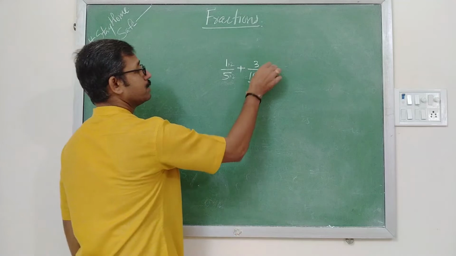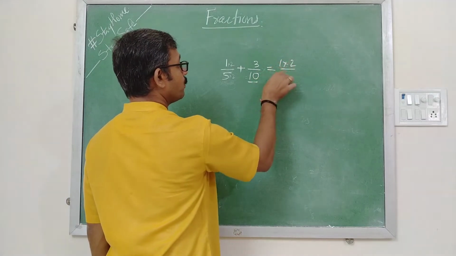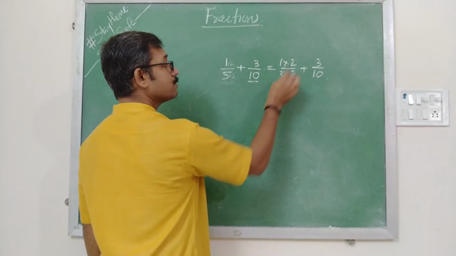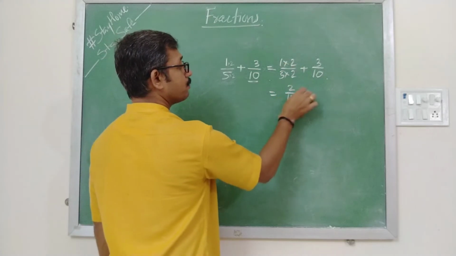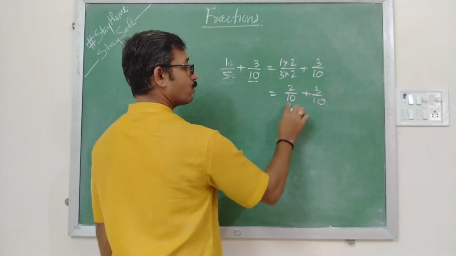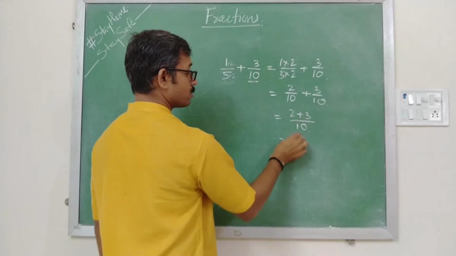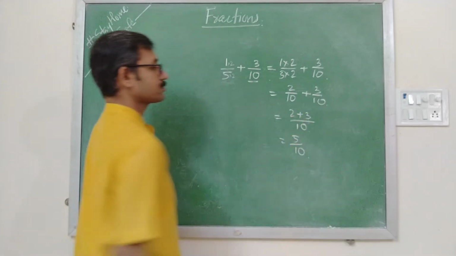So this can be written as 1 into 2 upon 5 into 2 plus, and this we write as it is. So it will become 2 upon 10 plus 3 upon 10. Now with the common denominator, it is 2 plus 3 upon 10, that is 5 upon 10.